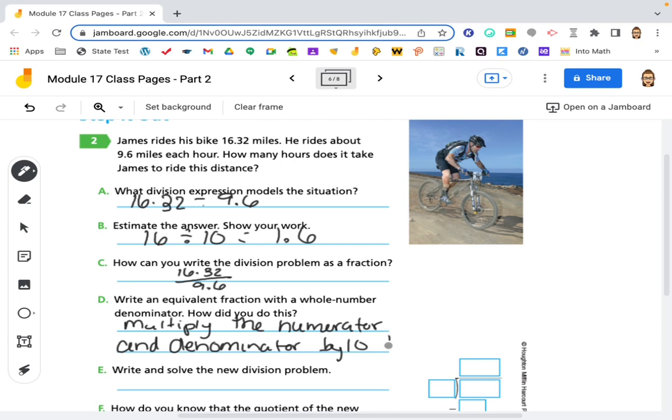So that's going to give me 163 and 2/10 over 96. So then we're going to write and solve the problem. So we're going to have 163 and 2/10 divided by 96.